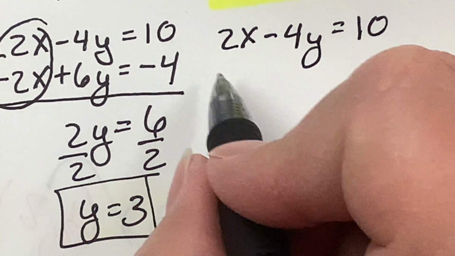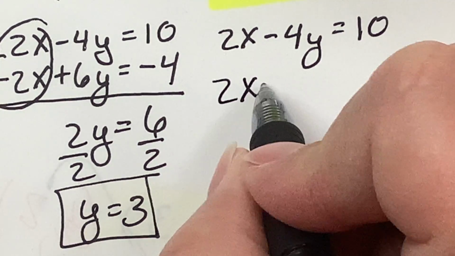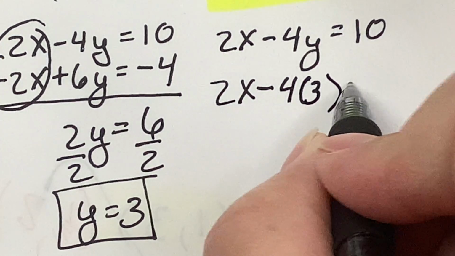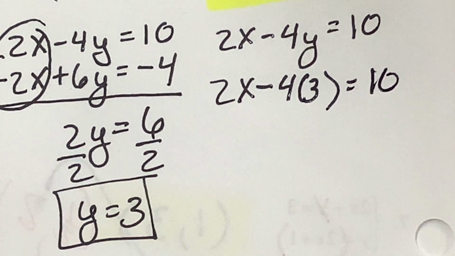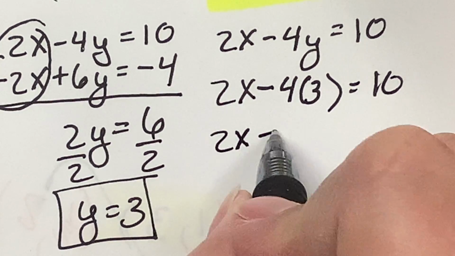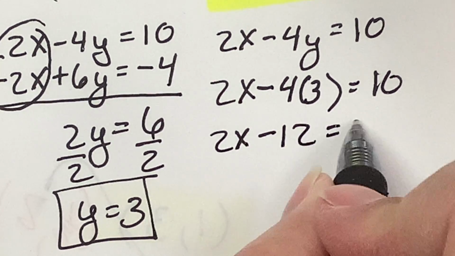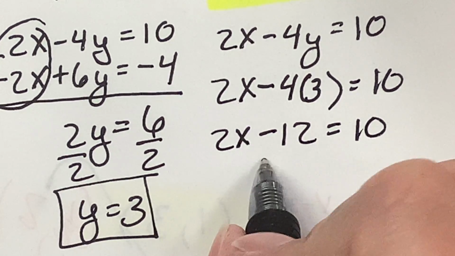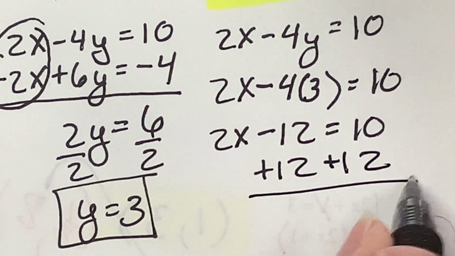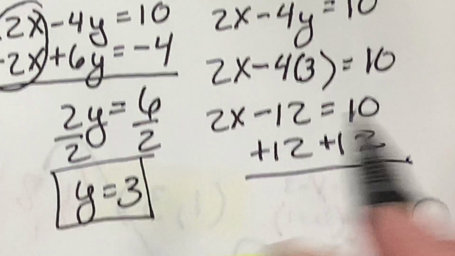So 2x minus 4 times 3 equals 10. Let's see, what's 4 times 3? 12. Okay, 2x minus 12 equals 10. Add 12 to both sides. So remember, whatever you do to one side, you've got to do to the other.